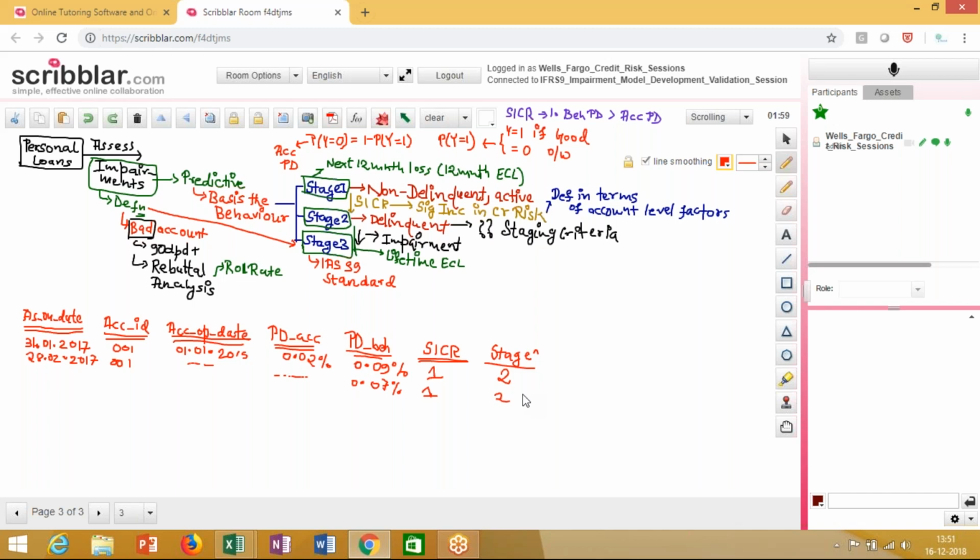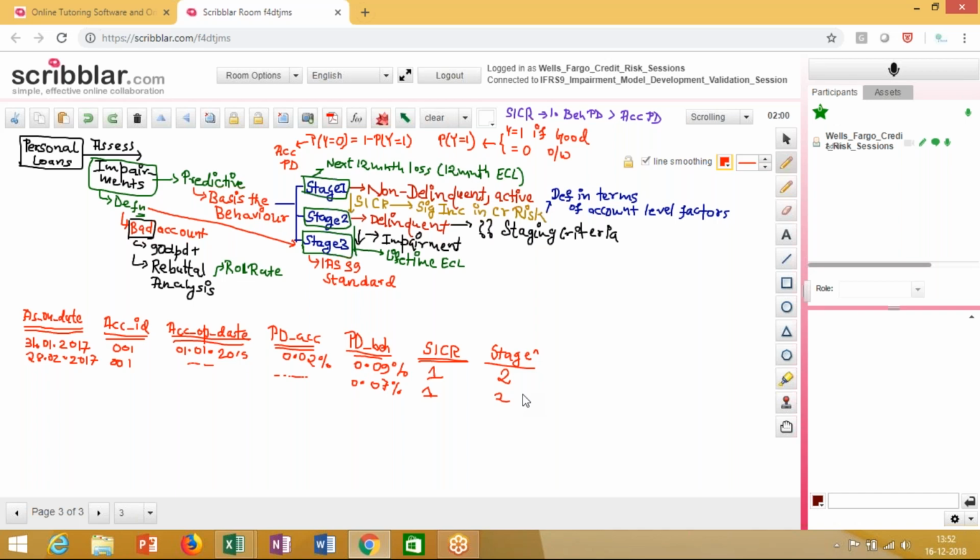Tanmay: Here, what have we done? We are just calculating whether the account is impaired or not. No, we are trying to understand whether an account has undergone a significant increase in credit risk or not. Tanmay: Like the overall picture, what have we done here?